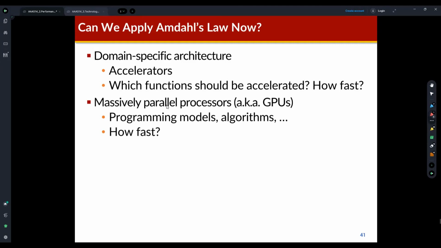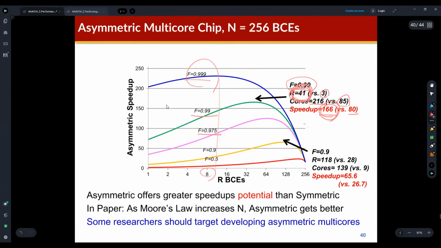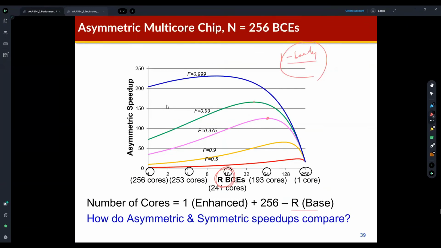Recently, domain-specific architectures are very popular. The problem is that in the previous slide, we assumed that Moore's law continues. If Moore's law continues, then we can include more resources in the single chip, and make use of these resources for more cores or more enhanced cores in the single chip.